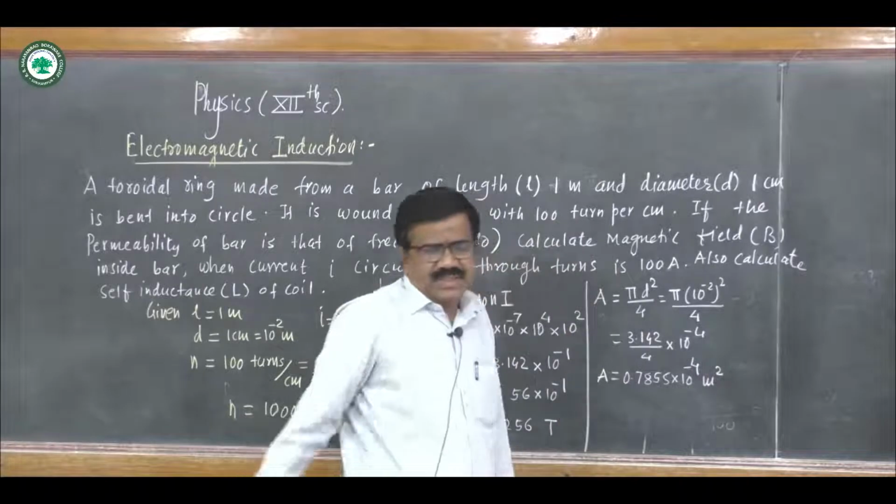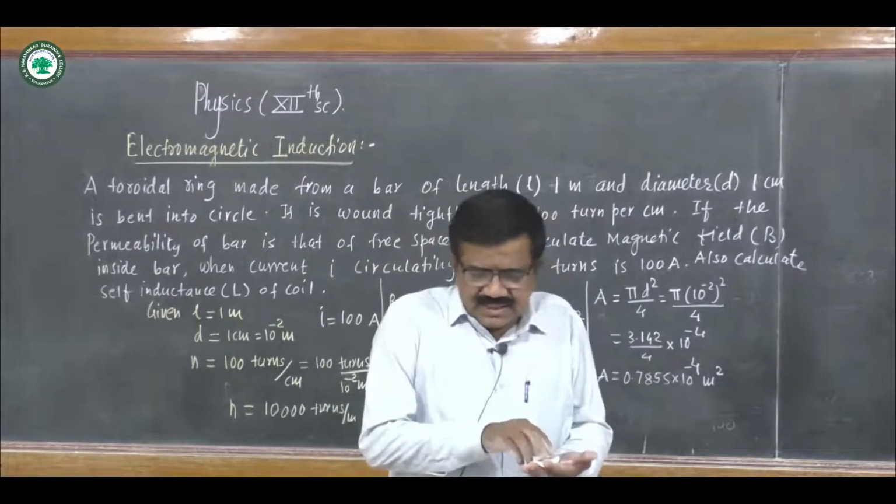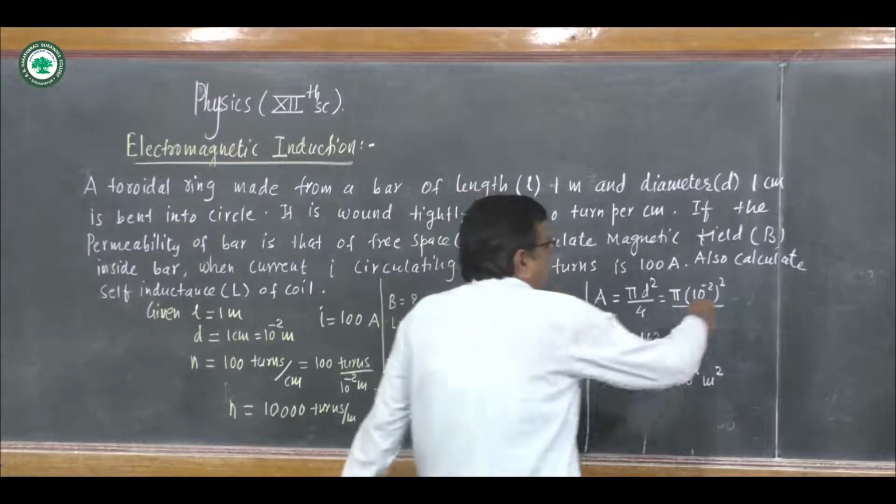This is the area of cross section. Now we find the inductance L, that is N phi upon I.